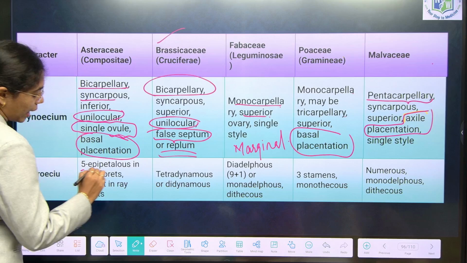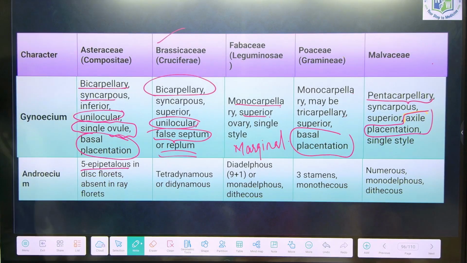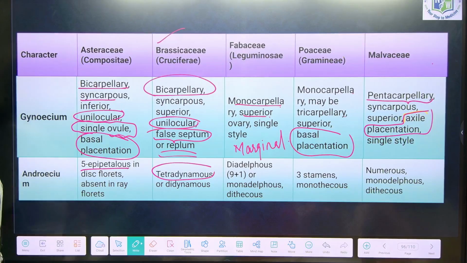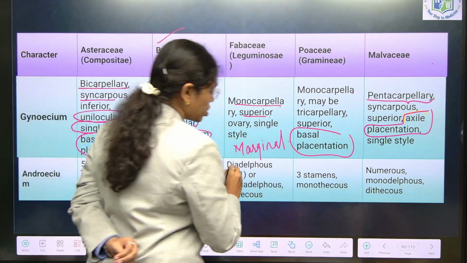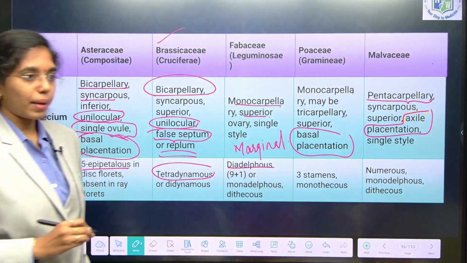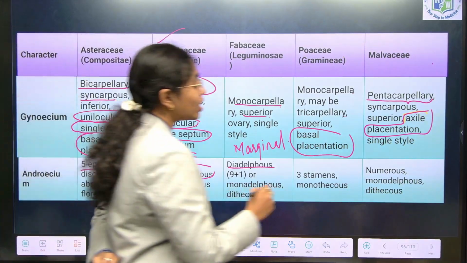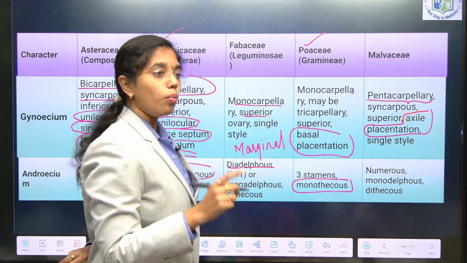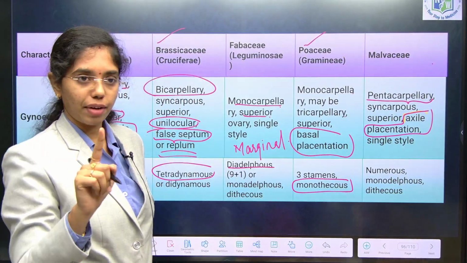Next is androecium. You can see epipetalous condition. Here is tetradynamous condition in Brassicaceae, where long and short filaments are observed. Diadelphous you observe in Fabaceae members. Monothecous stamens are seen in Poaceae. Mostly it is dithecous in all the other families.